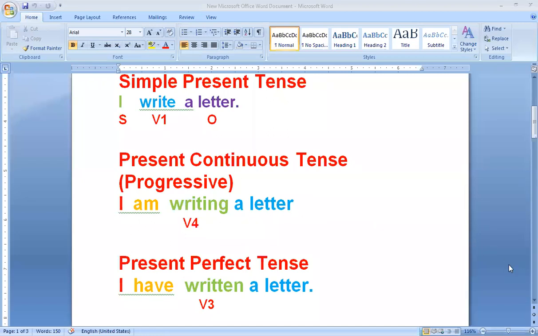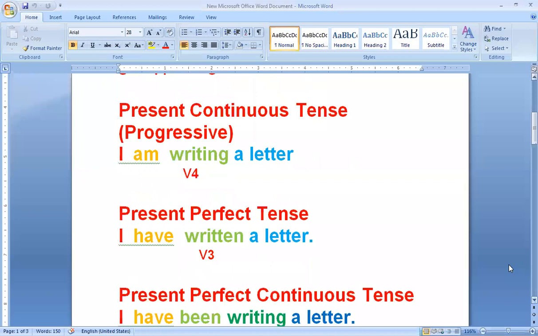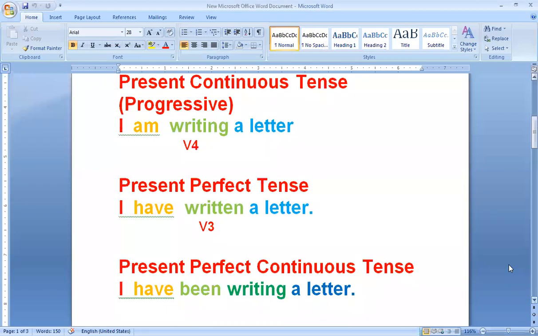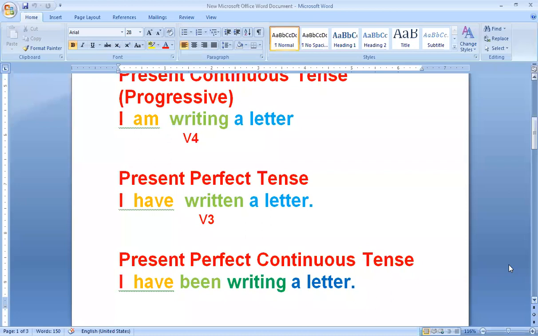Next is present perfect tense. Present perfect tense is used to indicate the action which is completed in the present time. So the structure of the present perfect is subject plus have/has.